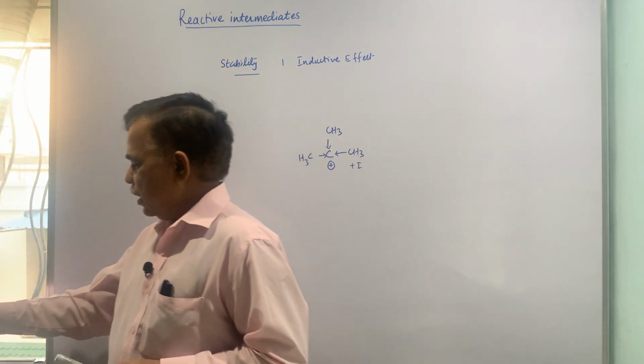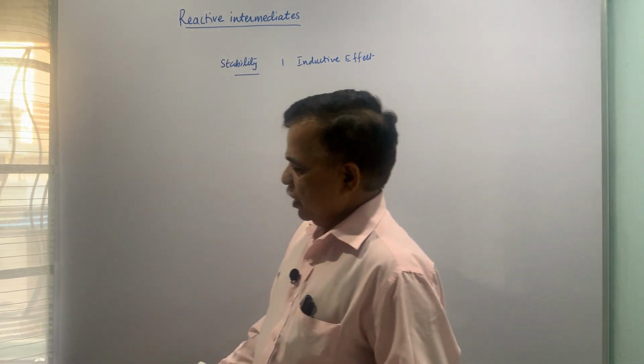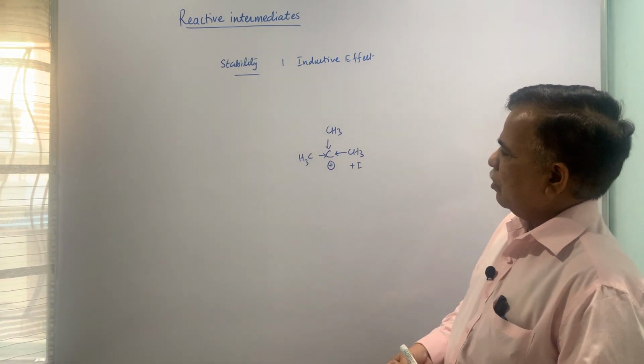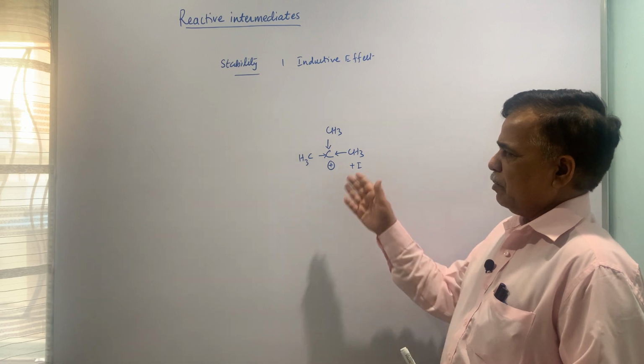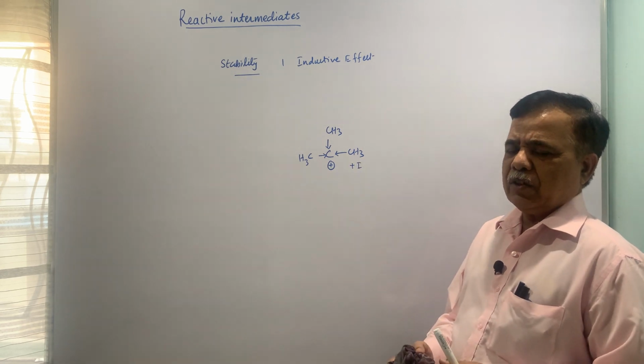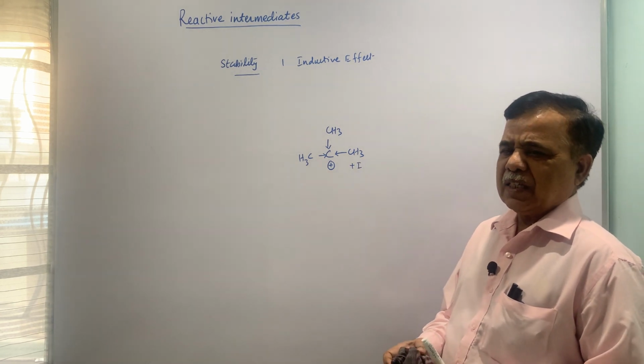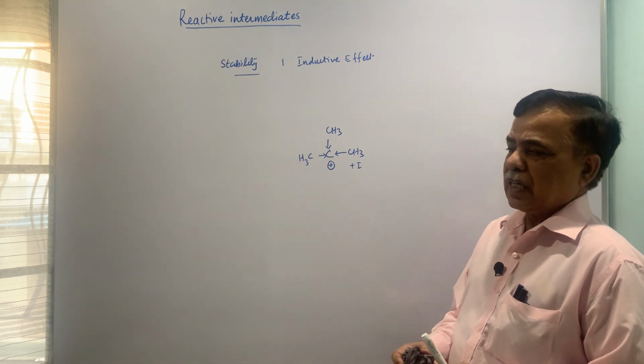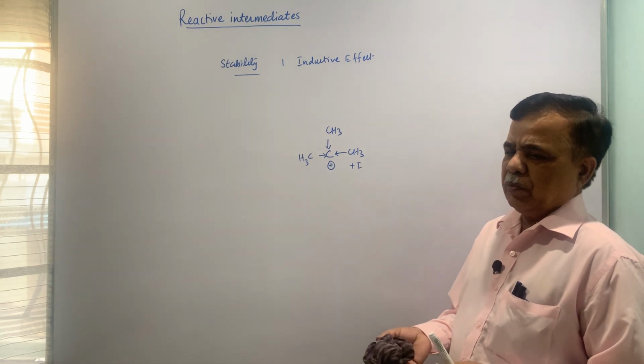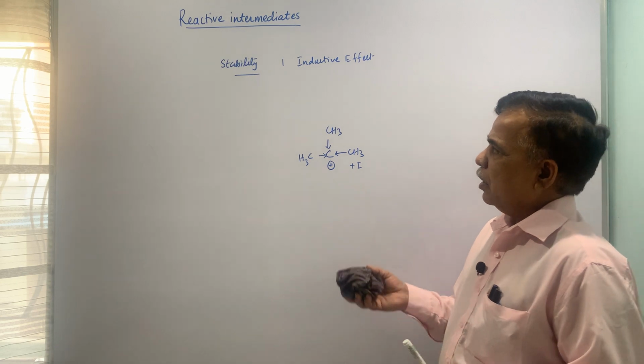The amount of plus I effect is maximum here because all three groups are donating, or in other words, you can say the magnitude of plus I effect is high. So this is going to be the most stable.